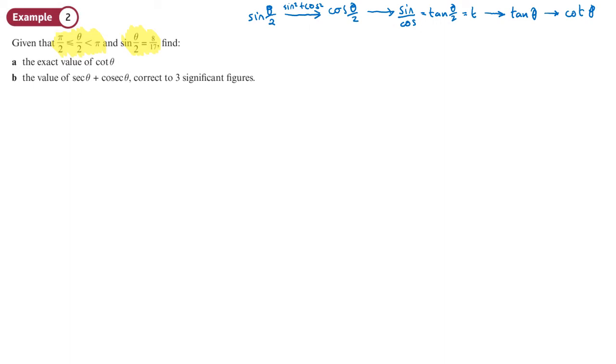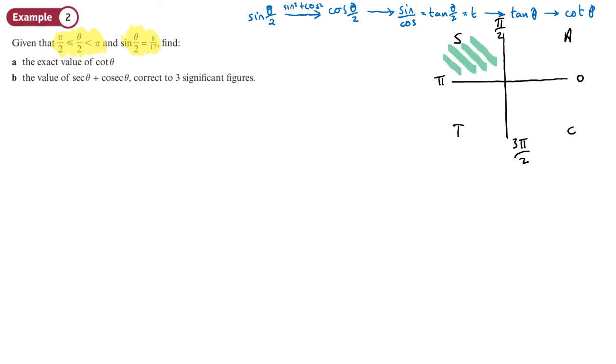Now, we need to look at what it says about these angles. It says theta over 2 needs to be between pi over 2 and pi. So if I draw a CAST diagram like this, so 0, pi over 2, pi, 3 pi over 2, it's telling me that theta over 2 is going to be in this area here.